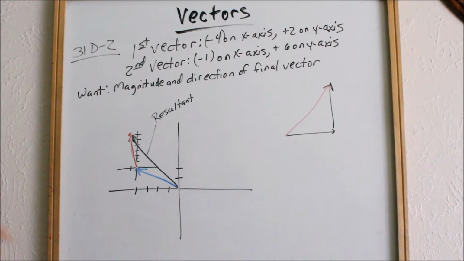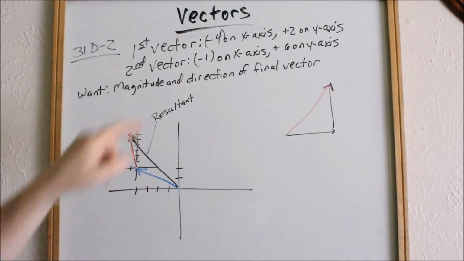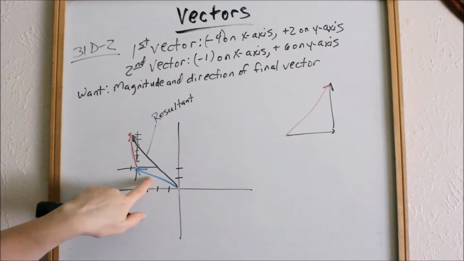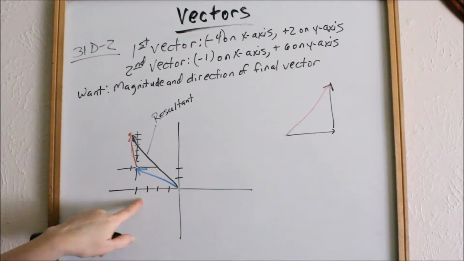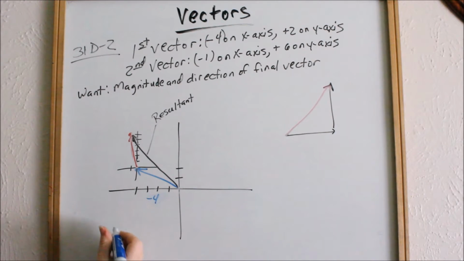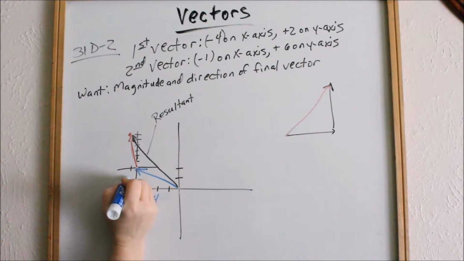Okay, how do we determine the magnitude and direction of the final vector? With the resultant, what I can do is this. I knew that this was -4 over, and then a +2 up.